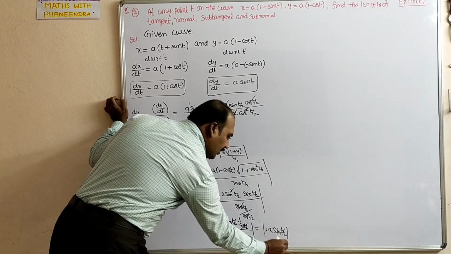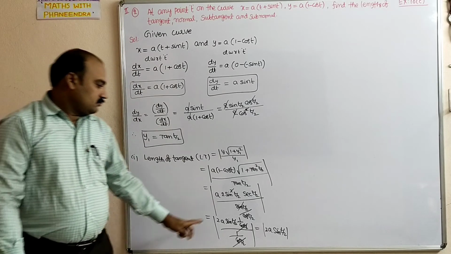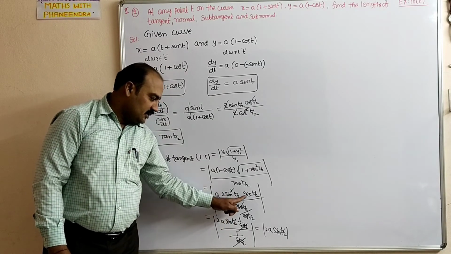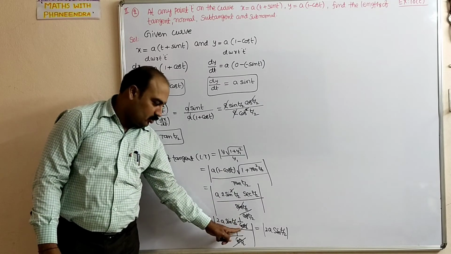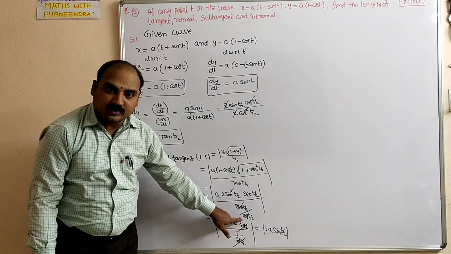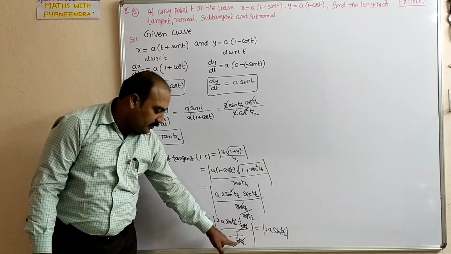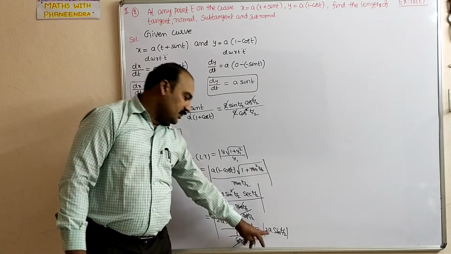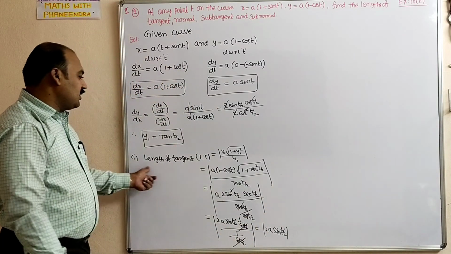Just simplification: both cos t by 2 values will be cancelled, denominator only 1 is there. So the answer is 2a sin t by 2. That is the length of tangent.